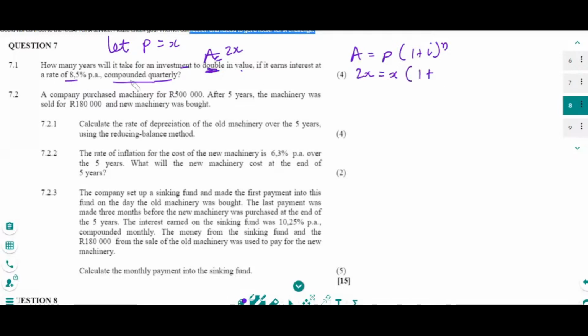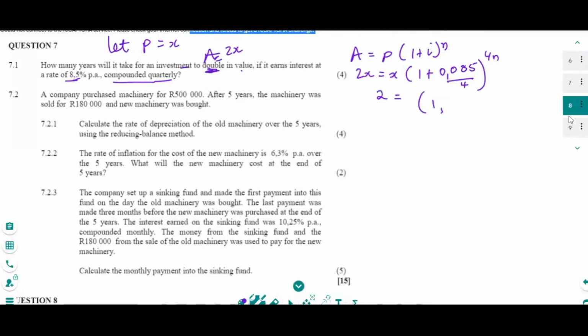We need the n) our i is 8.5%, which is 0.085, divided by 4 since we are compounding quarterly, to the exponent of 4n. I'll divide both sides by x, and then simplify this. I'll have 2 is equal to 1.